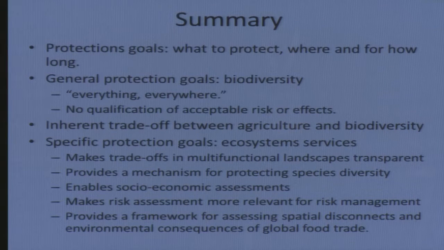And setting specific protection goals within an ecosystem service concept provides a way of doing that. It makes trade-offs in multifunctional landscapes transparent, provides a mechanism for protecting species diversity. It enables socio-economic assessments, thereby making risk assessment more relevant for risk management, and it provides a framework for assessing spatial disconnects and the environmental consequences of the global food trade. Thank you very much.